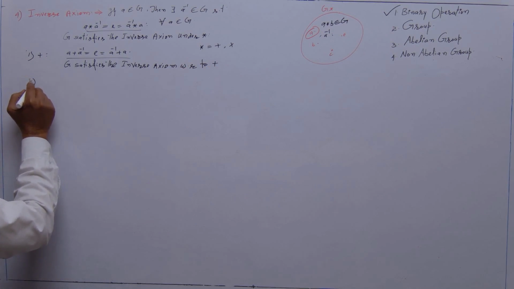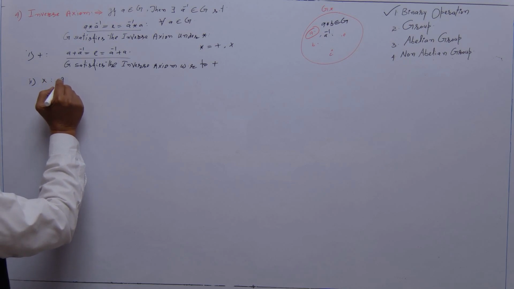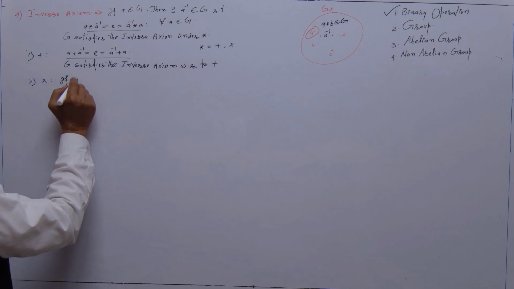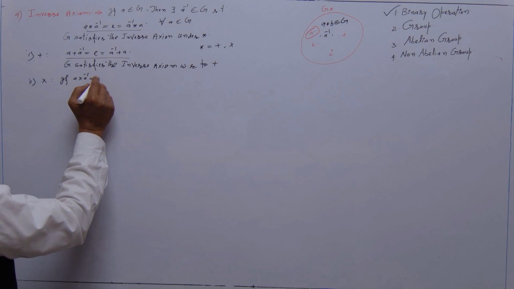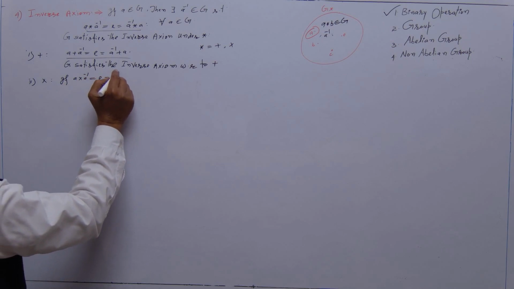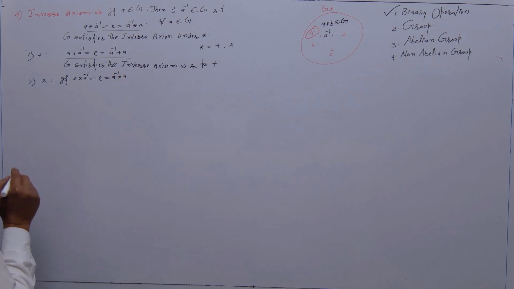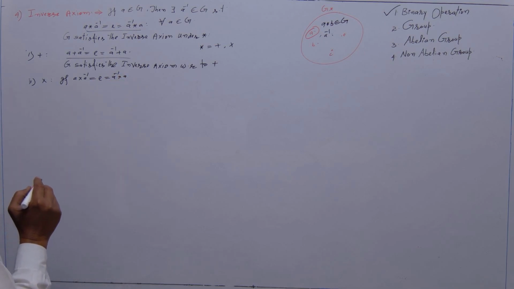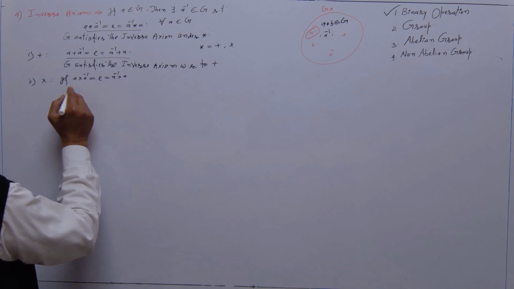And in case of multiplication, if A multiplied by A inverse is equal to E, the identity element E, and this is equal to A inverse into A, then this G satisfies the inverse axiom under multiplication.